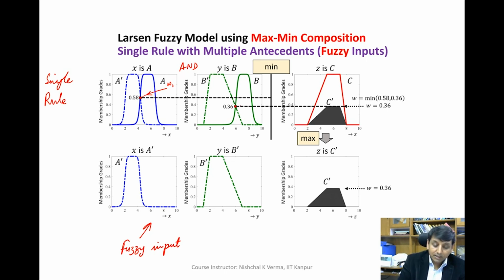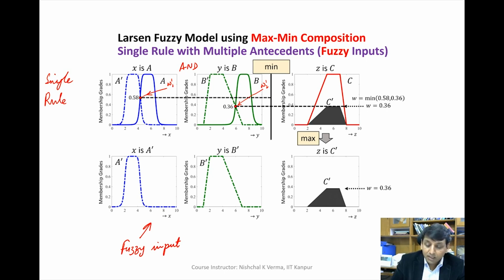Here we get another intersection, so let's call this W2 of rule 1. So I can write W11 and W12.